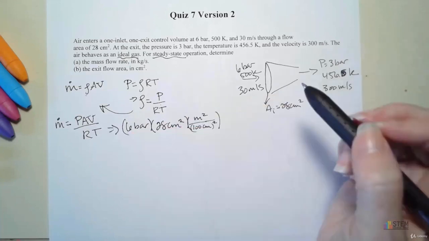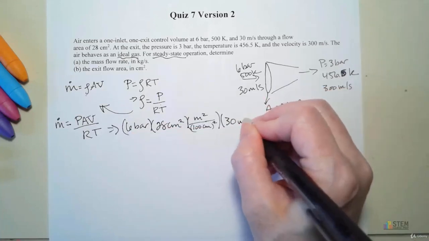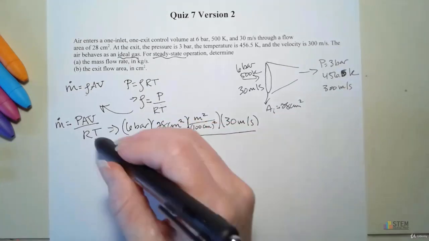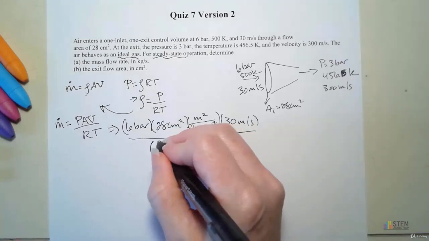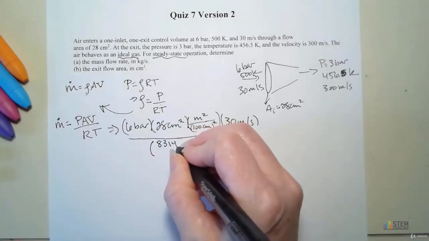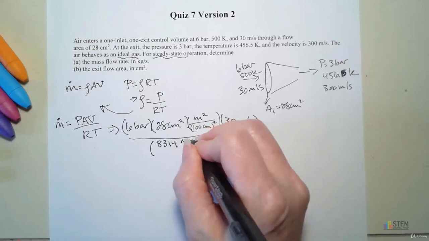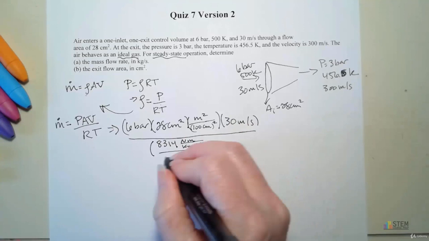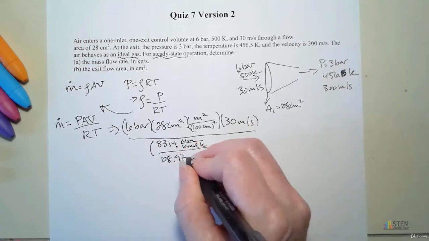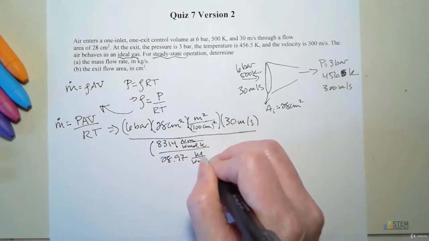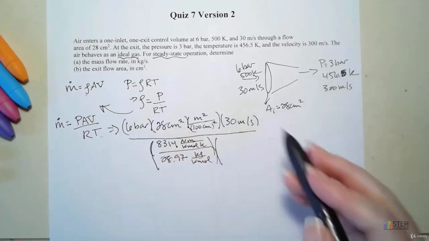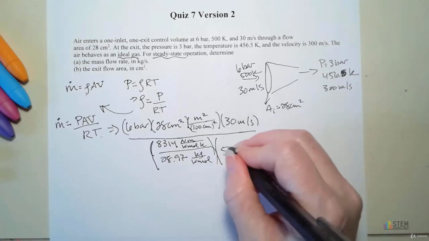Then our velocity is 30, so let's multiply that by 30 meters per second. Then the denominator is going to be R times T. Our R bar is 8,314 Newton meters per kilomole Kelvin. Put that over molecular weight, that's 28.97 kilograms per kilomole. And then multiply by temperature, which is 500 Kelvin.